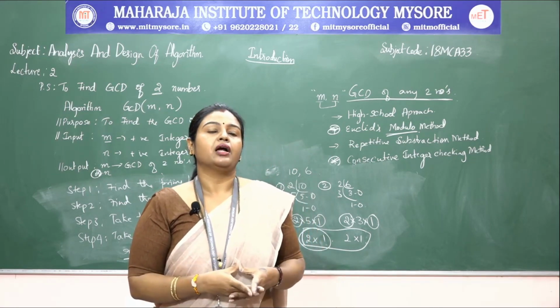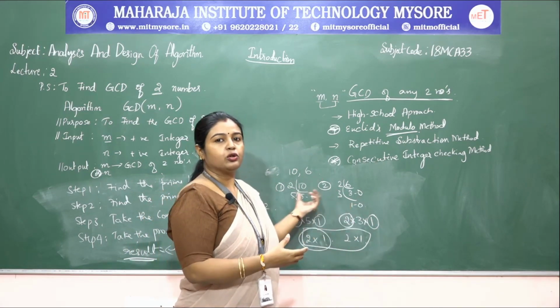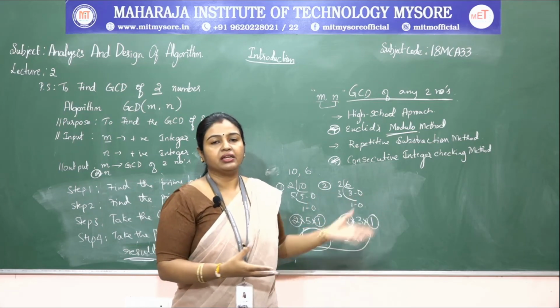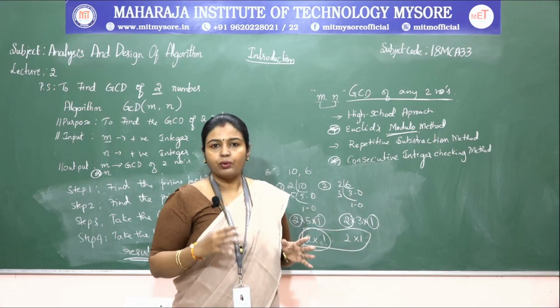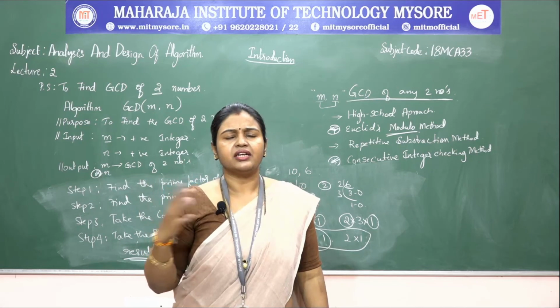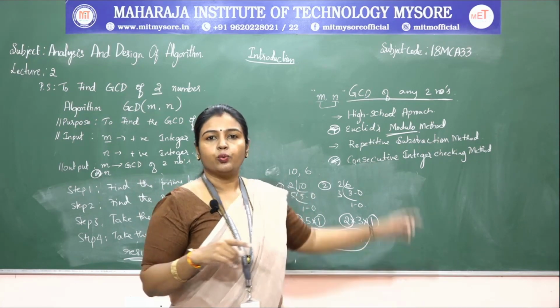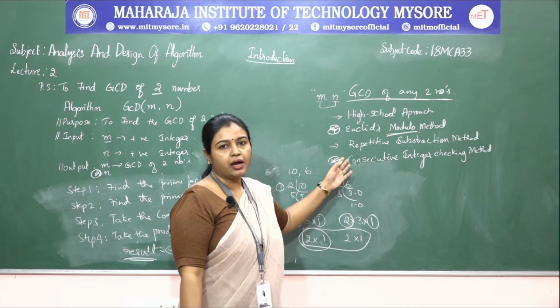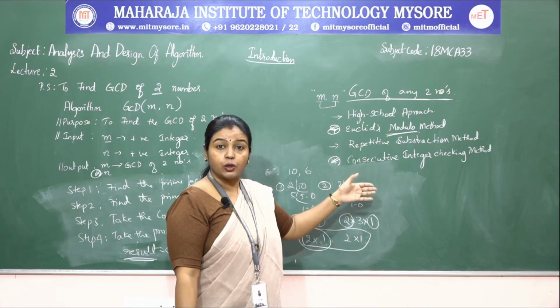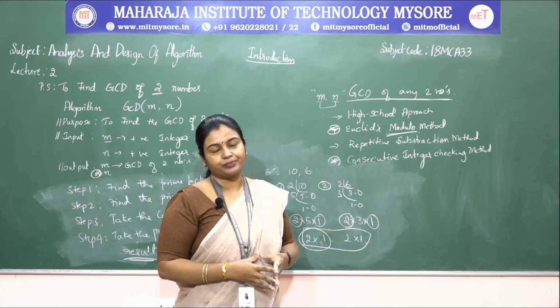But here we can't say that only based on these inputs. For that we need to take various sets of inputs and work on them, and define which one will be the better algorithm to get the solution for the given problem. Thank you.